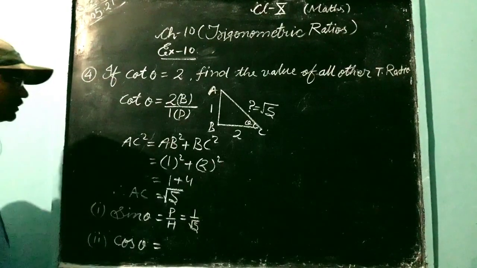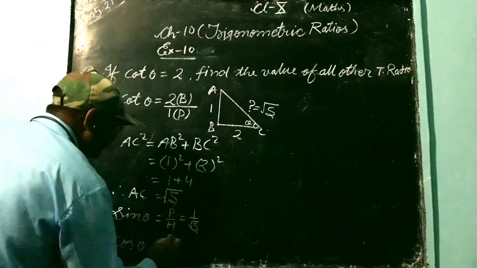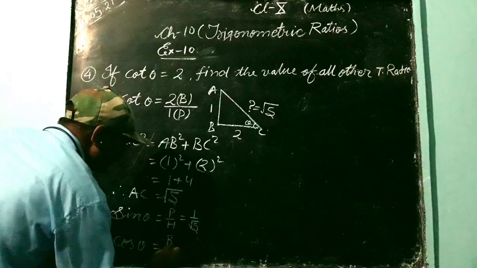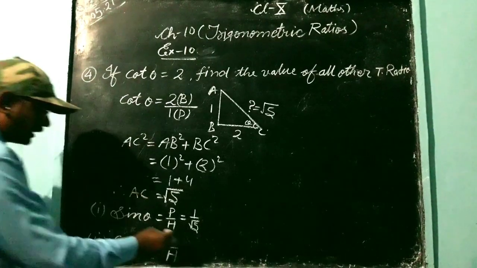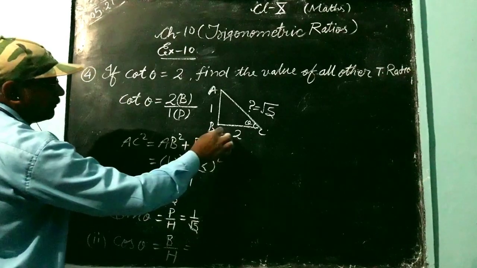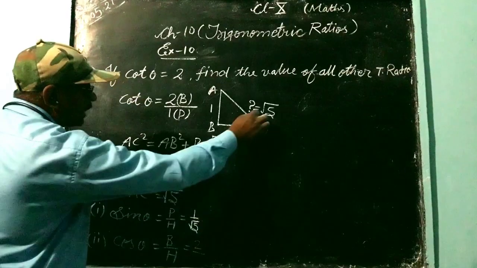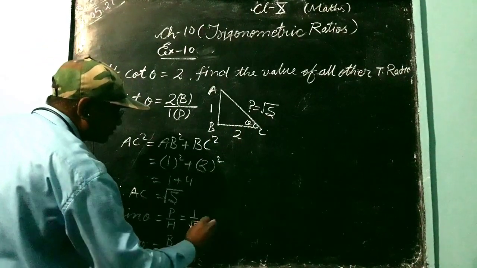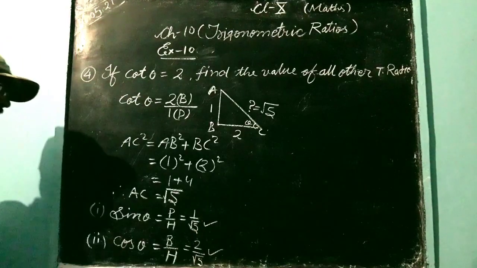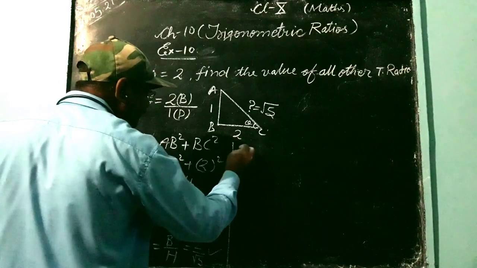Cos theta is equal to base upon hypotenuse, B upon H. The base is 2, and the hypotenuse is under root 5, so 2 upon under root 5. Clear?